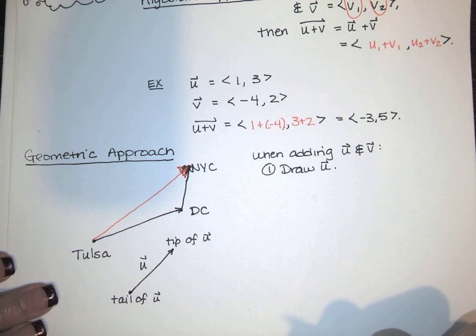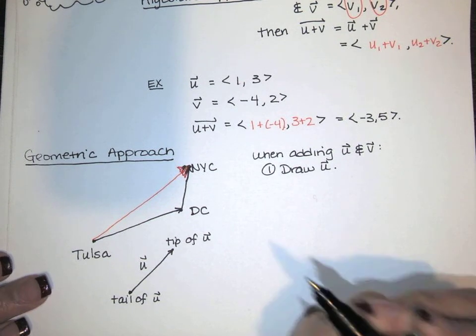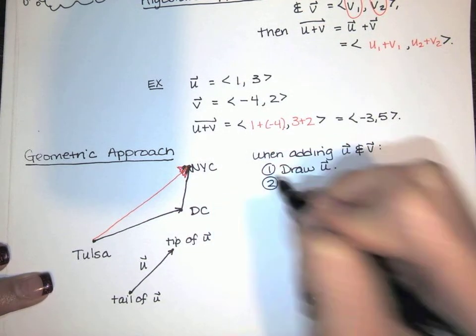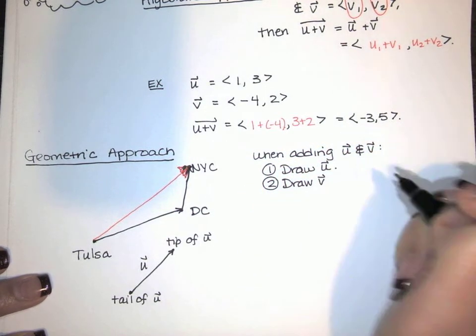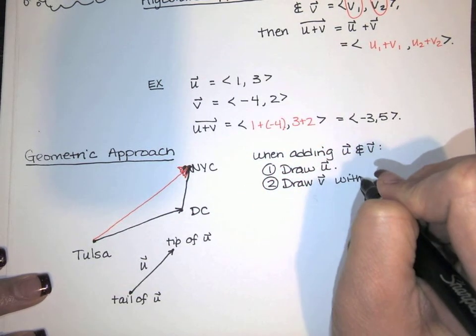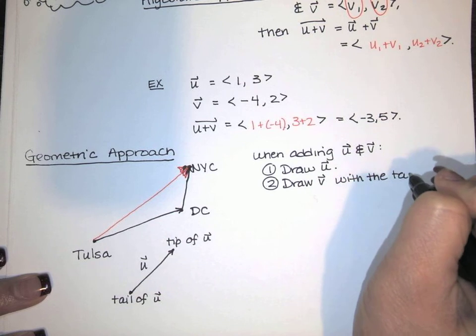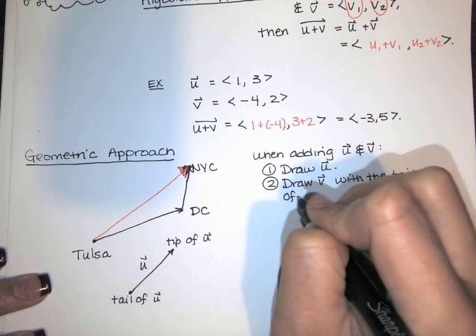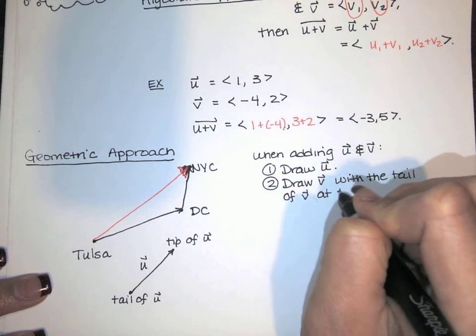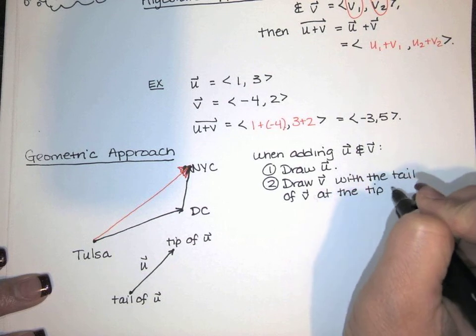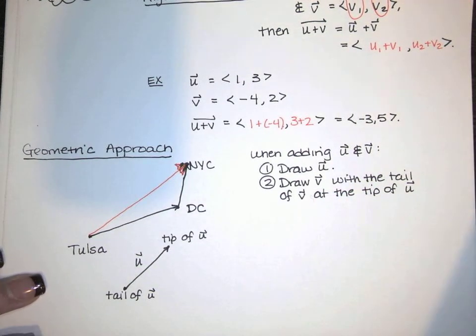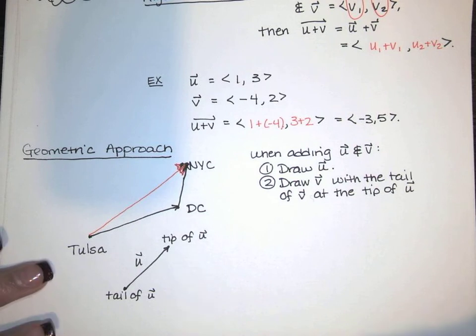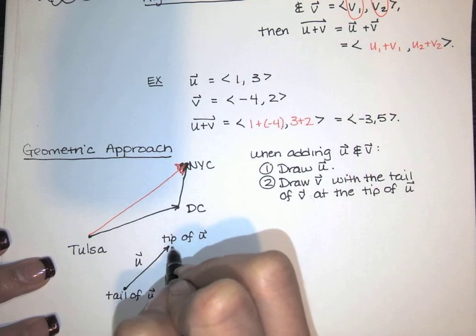So first you just draw u. And then, if you're adding v to that, you want to draw v with the tail of v at the tip of u. So let's say this is my vector v, maybe it looks like this.